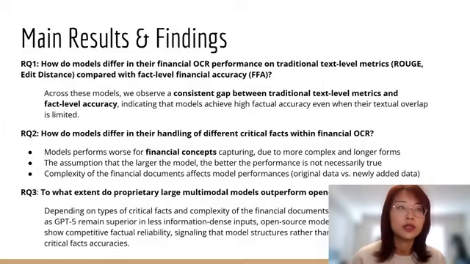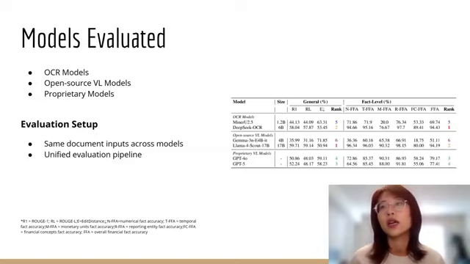The second research question is, how do models differ in their handling of different critical facts? Here we are comparing horizontally among the 5 financial critical facts.